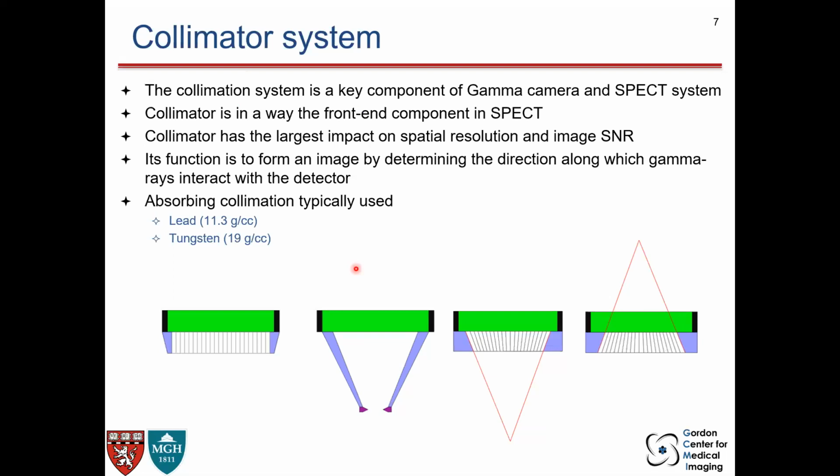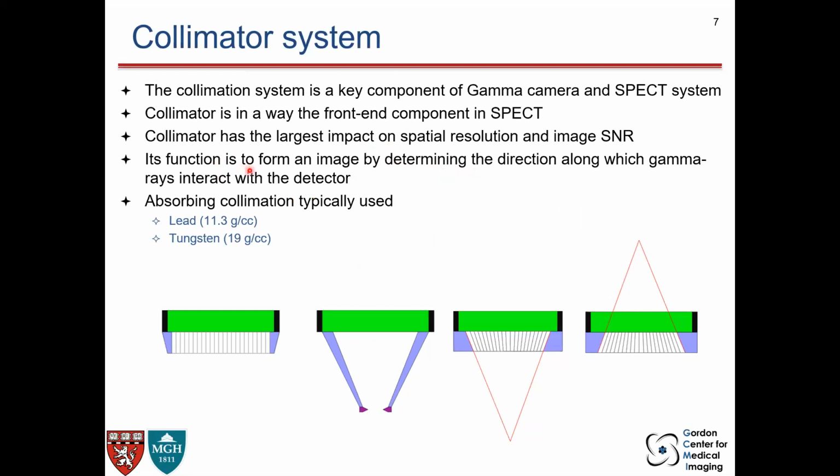So the detector resolution is important, and how good a resolution the detector has is important. But the more important component in a SPECT is the collimator, because the collimator is the dominant factor in arriving at a complete system resolution.